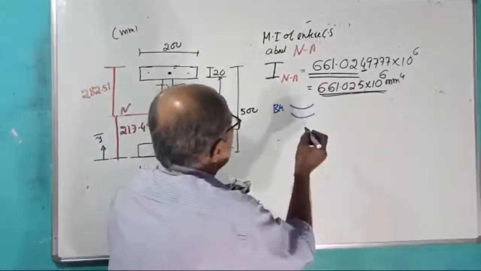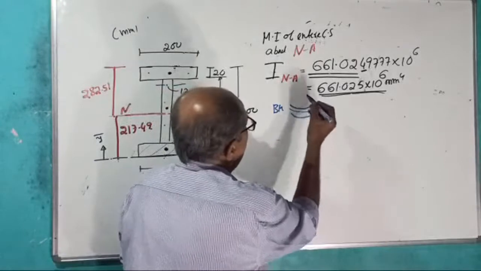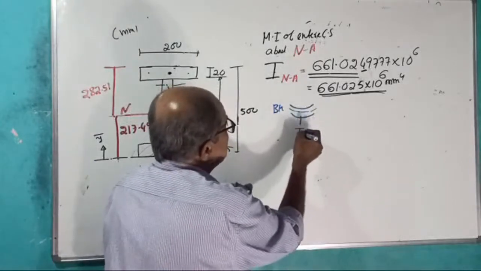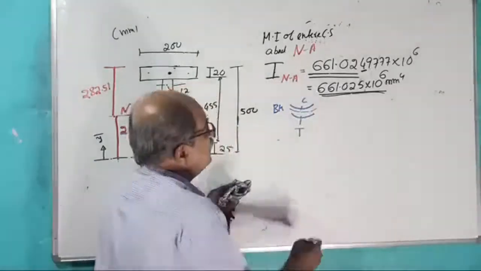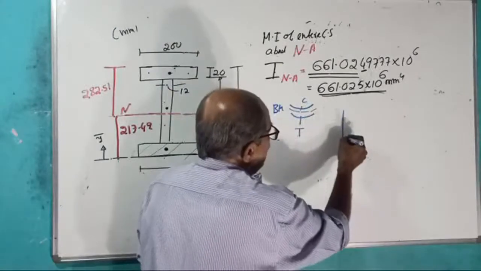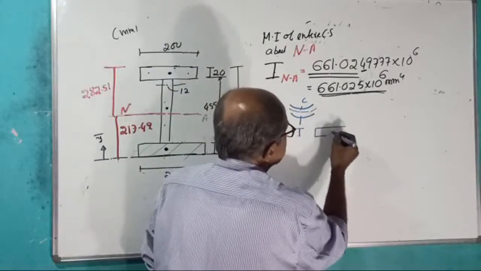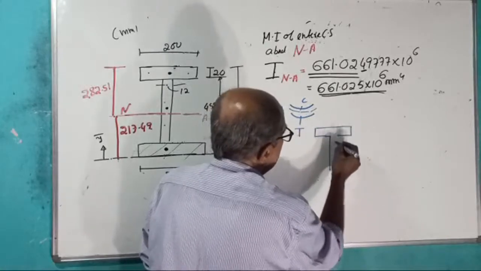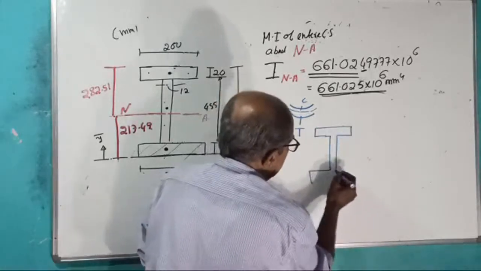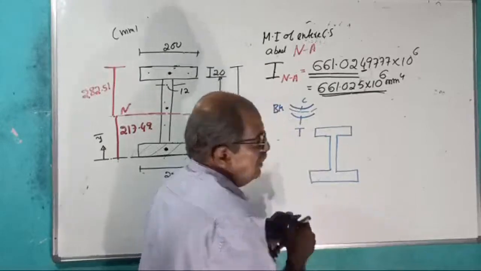Okay, sagging. This is the neutral layer. Lower side tension, upper side compression. Therefore, your bending stress distribution across the cross section is, if I take the cross section here, I will write once again.